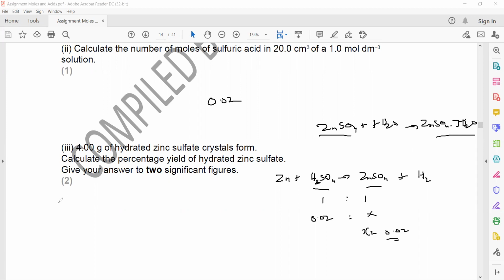And now we'll get the mass. To get the mass, we have moles multiplied by molar mass. So moles are 0.02 multiplied by the molar mass, which we already worked out in the first part, that was 287.4.